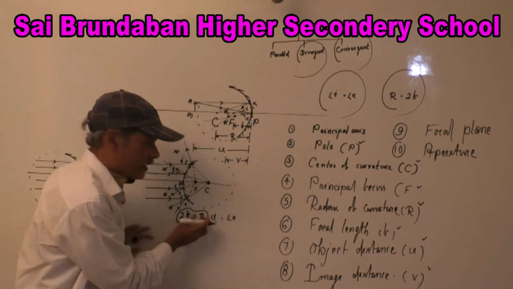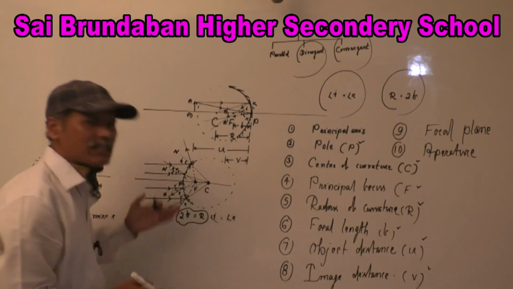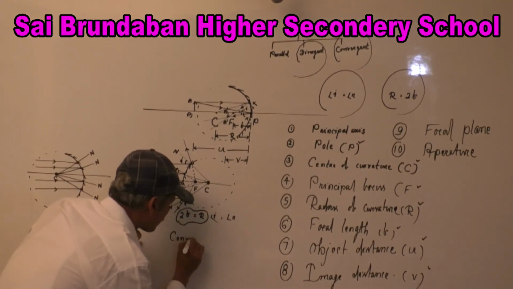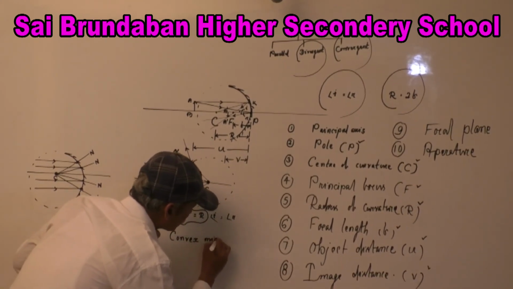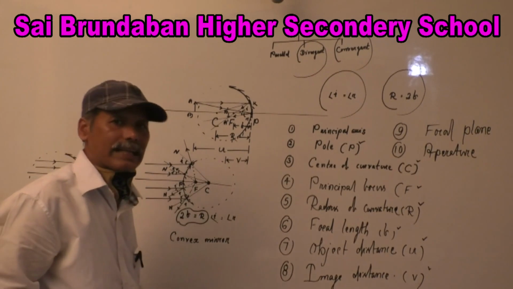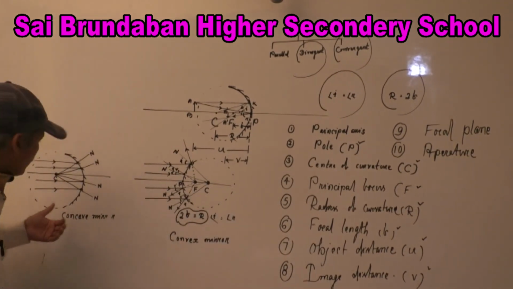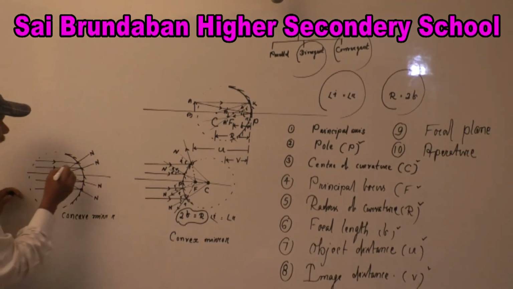And that's why the convex mirror is divergent in nature. And this is the concave mirror. This is the concave mirror, and it is convergent in nature.